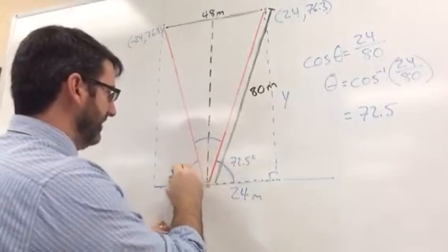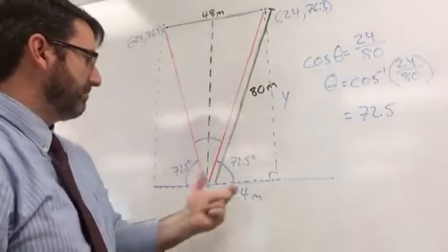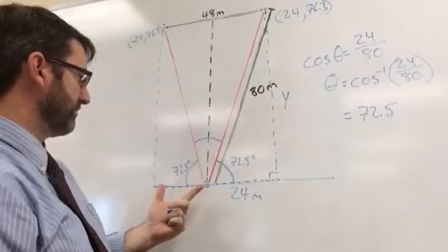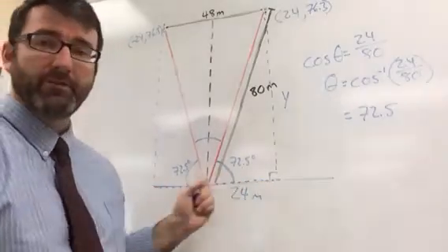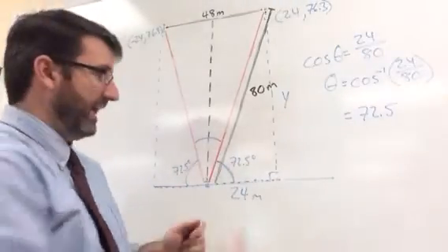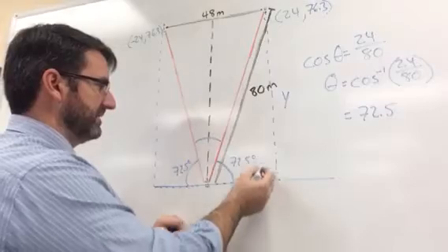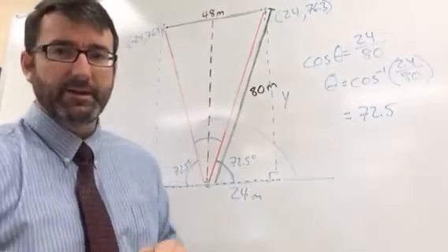Which means that this angle over here is also 72.5 degrees. And so together, that makes up 145 degrees. The 72.5 plus 72.5. And all across here, since this is just a straight line, this whole angle would be 180 degrees.